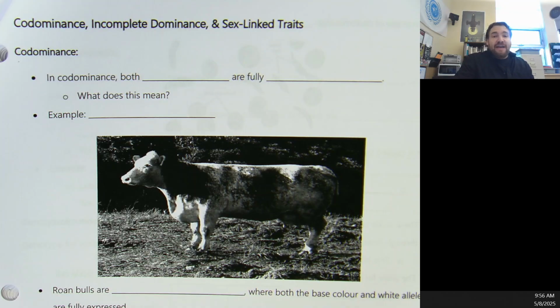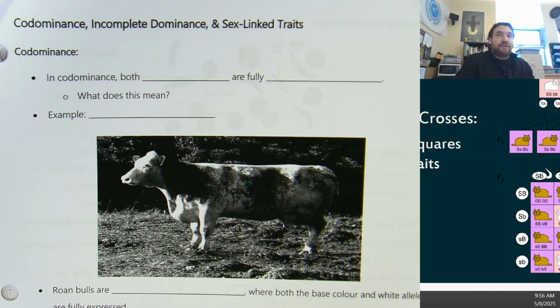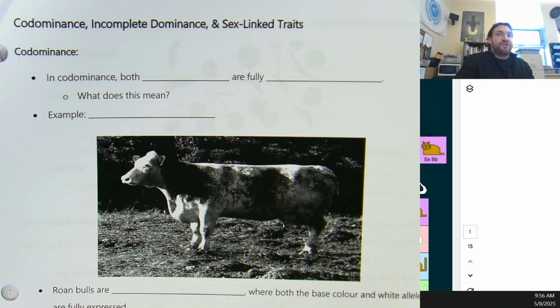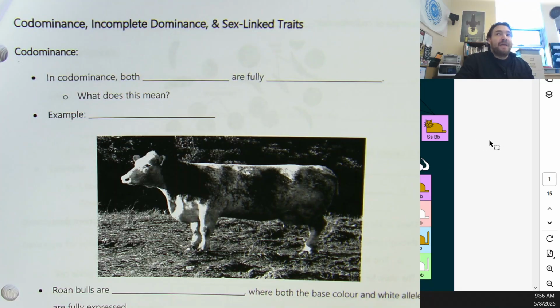Now, I'm not going to expect you to know and understand what I'm about to show you, but I want you to see it. This is the next step in genetics. We've done monohybrid crosses.